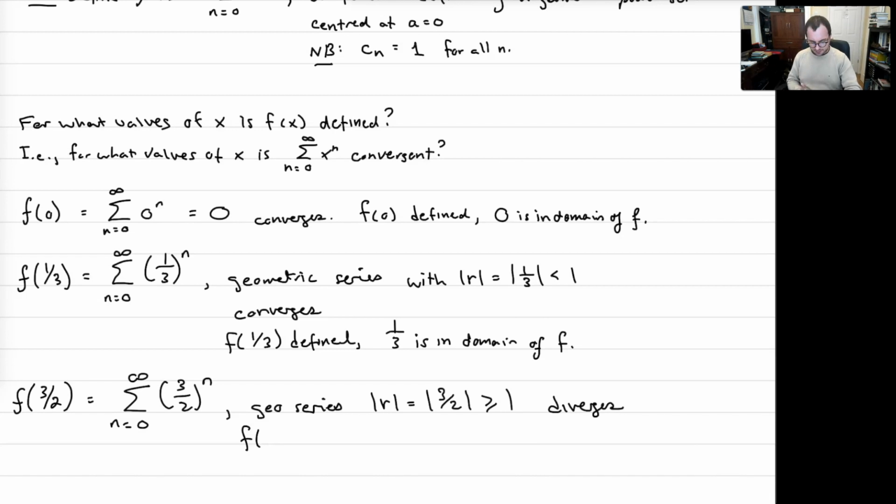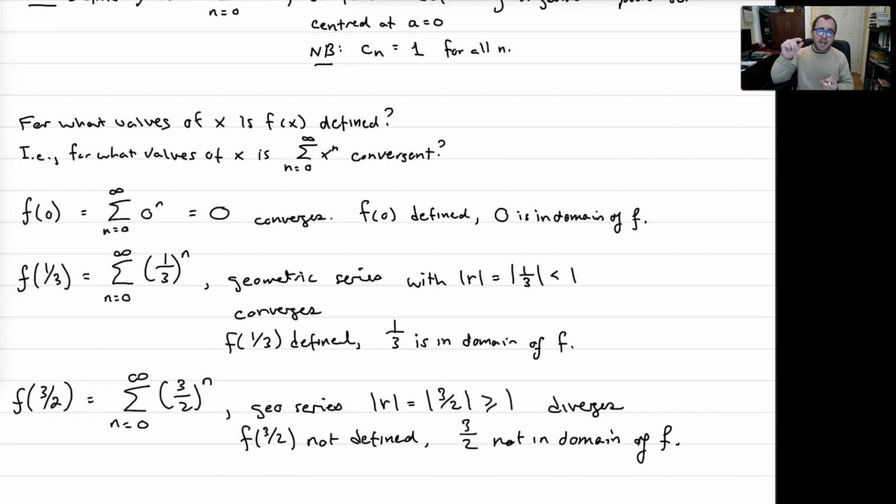It's not defined. f of 3/2 is not defined. 3/2 is not in the domain of f. So things that I plug in, meaning replace the x with the thing I've plugged in, that result in a convergent series, give me things in the domain of that function. Things that result in a divergent series are not in the domain.